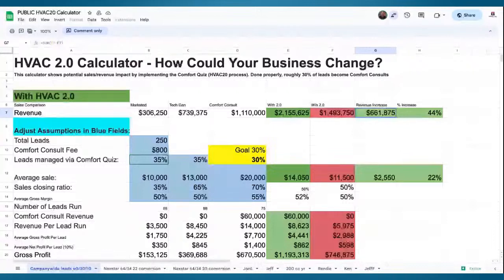And that's where running it on your secretary, on family members, techs, whoever's going to be doing it, running through it several times, getting some reps in, and playing with that Comfort Consult fee, you still have the option always there, so people can still always buy it. They're just not likely to buy it as much.